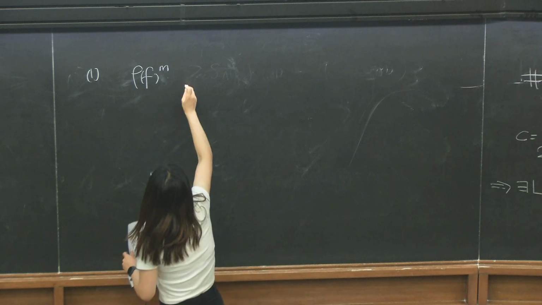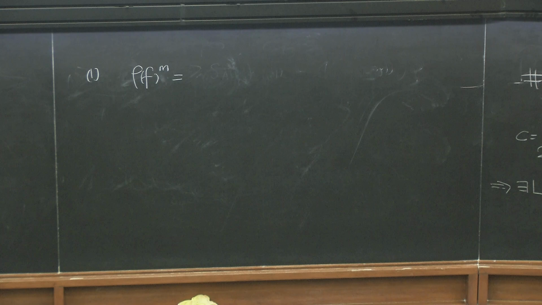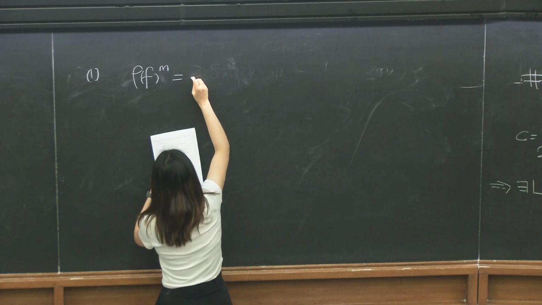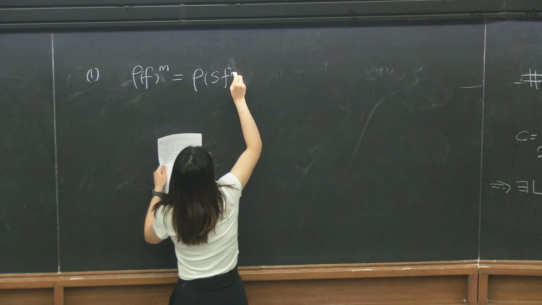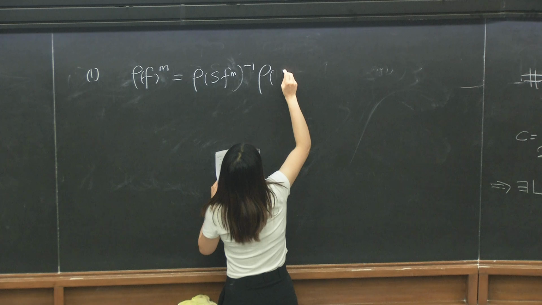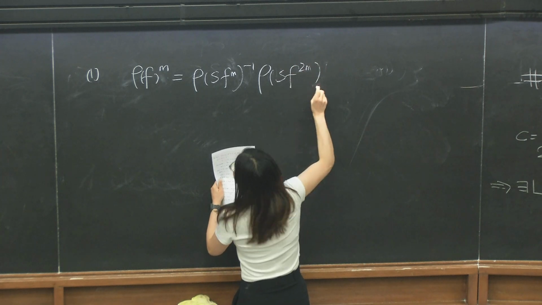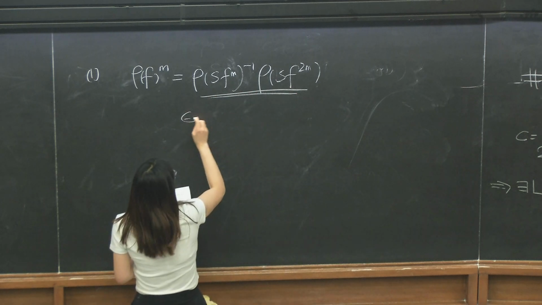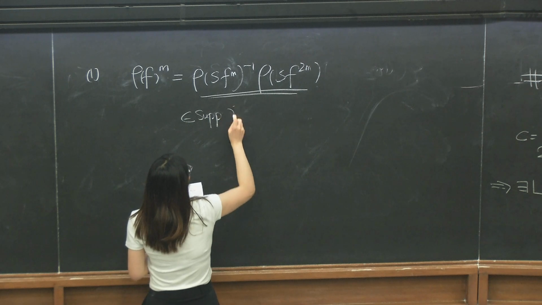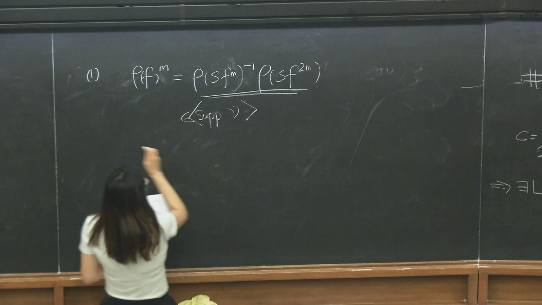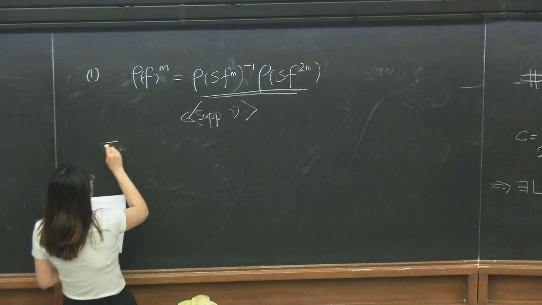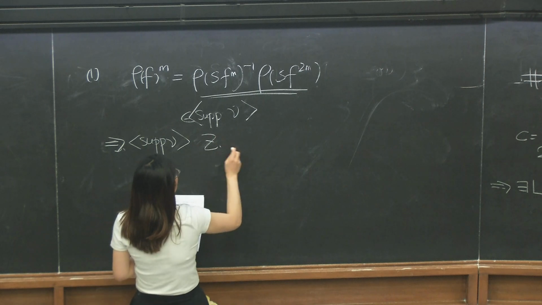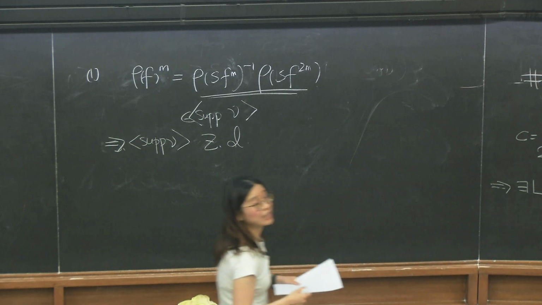Now this rho F to the M can come from this S tilde in this way: I just do rho S F M inverse and rho S F to the M, so I get rho F to the M. But now this product is in the support of the random walk, hence the group generated by the support is Zariski dense. So this finished the first property.